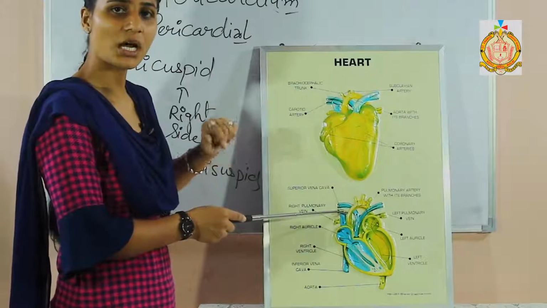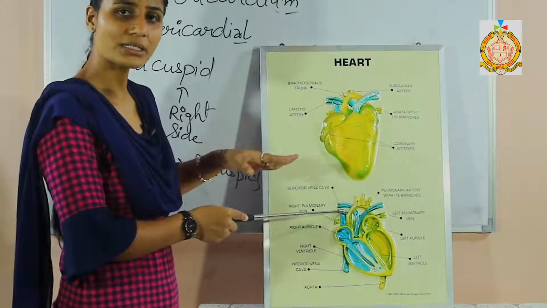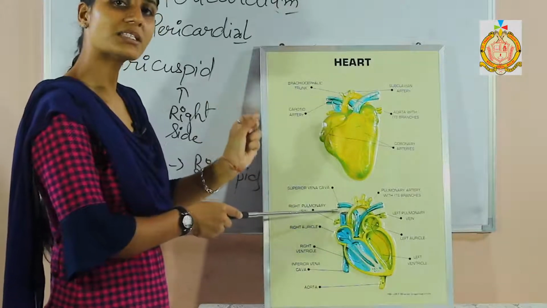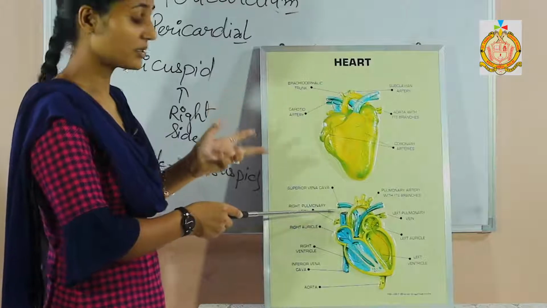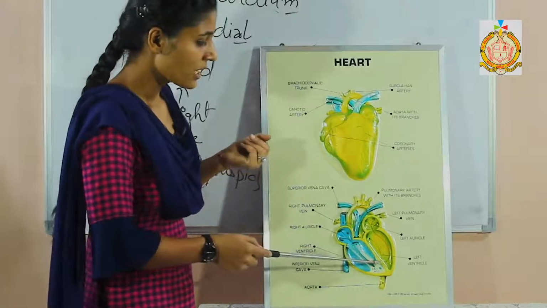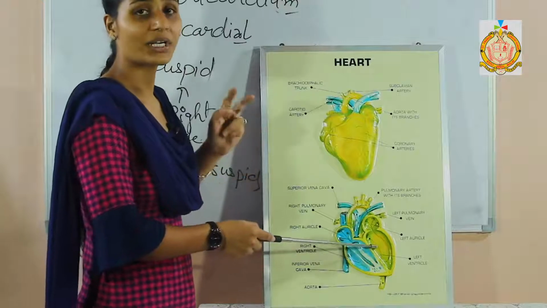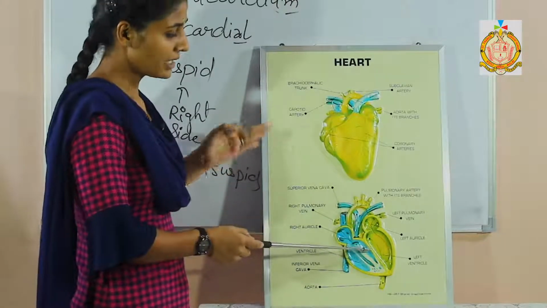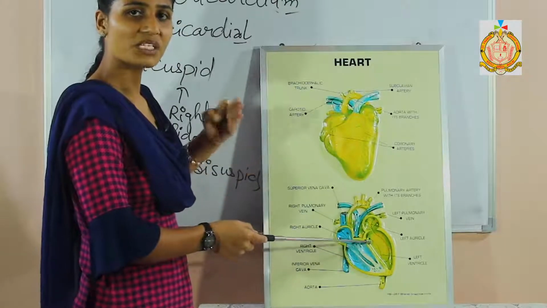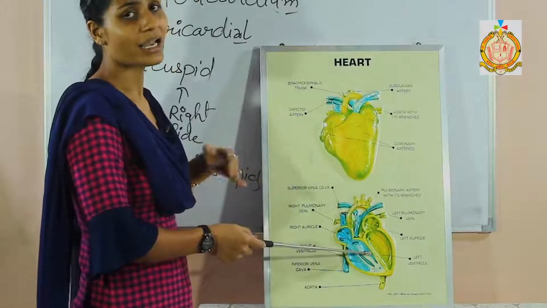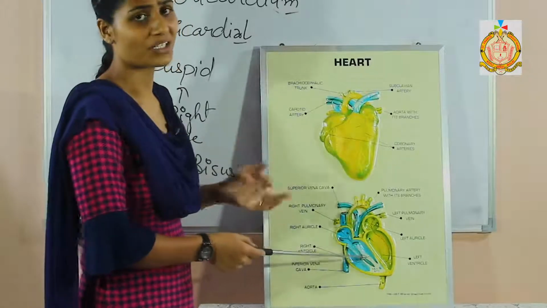Inter means between, atrial means the auricles, and septum means the wall that separates the auricles from one another. The second one, the septum that is present between the ventricles, is known as the interventricular septum. Again, inter means between, ventricular means the ventricles, and septum means the wall that is separating the ventricles from each other.